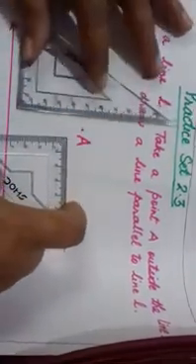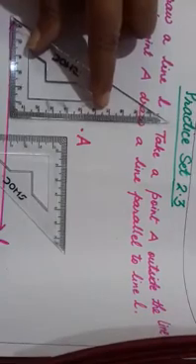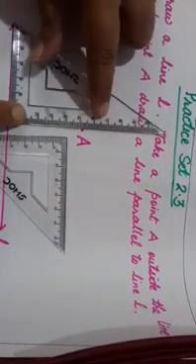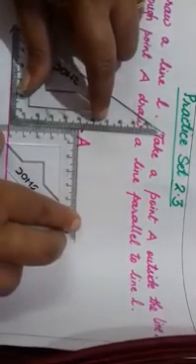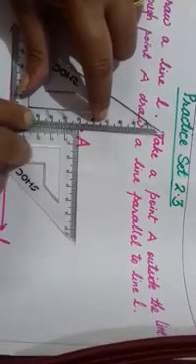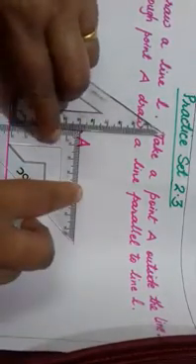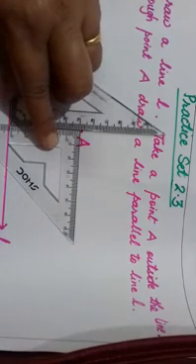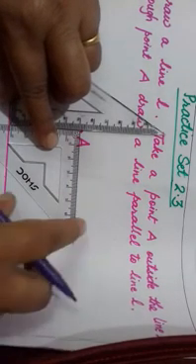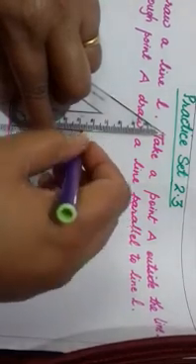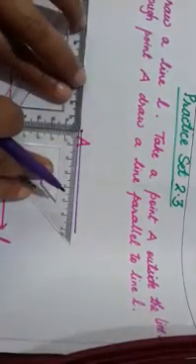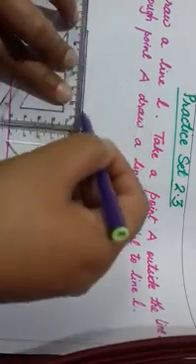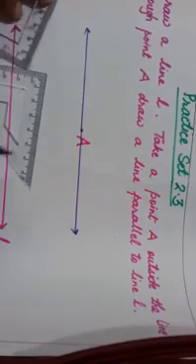So start now. The first set square we will put like this and bring it towards A. The second set square, we will bring it up to A. In this way we will hold both the set squares, and we will draw a parallel line from A, and also extend this line to the left side and put an arrow on both sides.